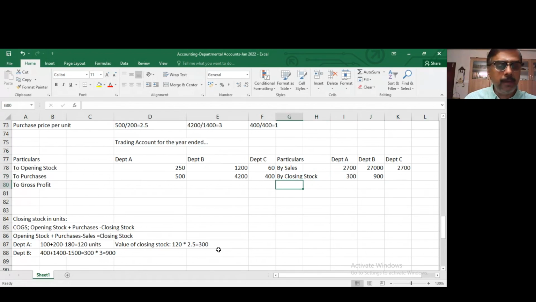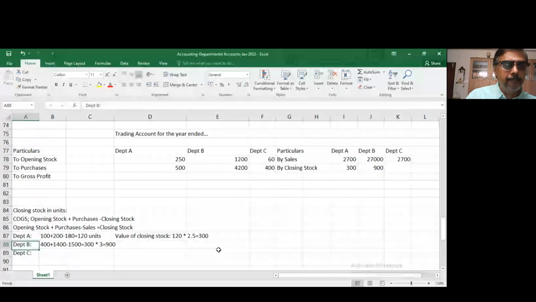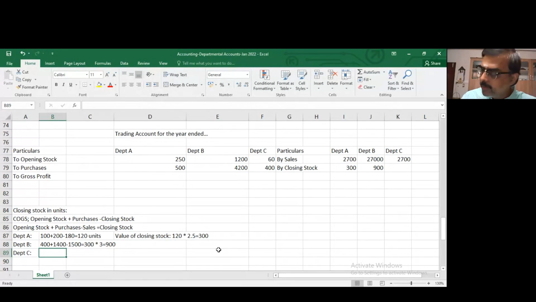And similarly for department C we have calculated. Opening stock quantity of department C is how much? 60. Okay, 60 plus purchase quantity of department C, 400. Very good.